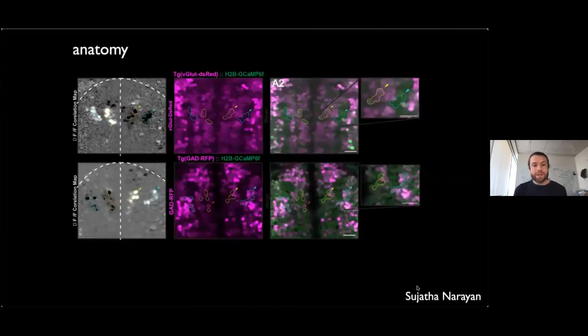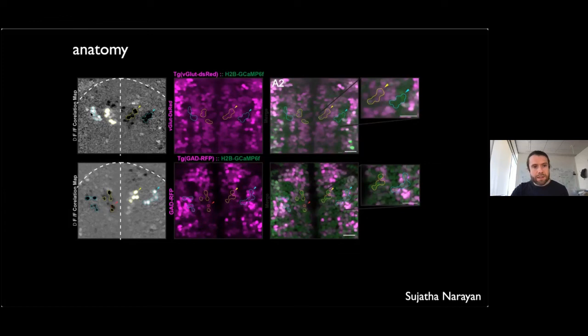We can also look at the anatomy in more detail. So this is functional imaging combined with markers for glutamatergic neurons and for GABAergic neurons. From this, we can take the top one as an example.